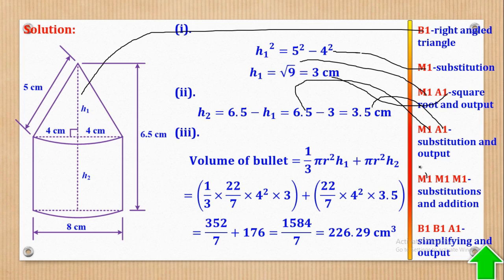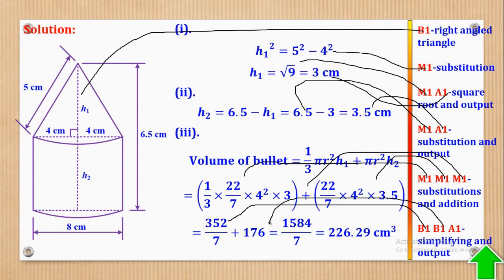Here now M1 is for you to get the volume of the conical part, M1 for volume of the cylindrical part, and M1 for adding the two volumes. Then B1 is for you to simplify the volume of the conical part, another B1 for simplifying the volume of the cylindrical part, and A1 for the final answer to 2 decimal places.